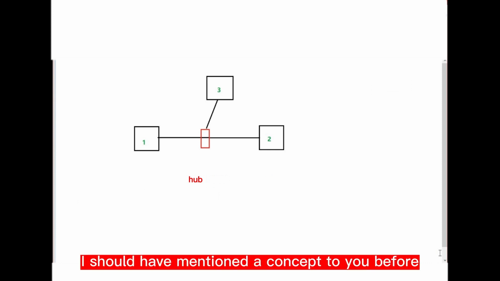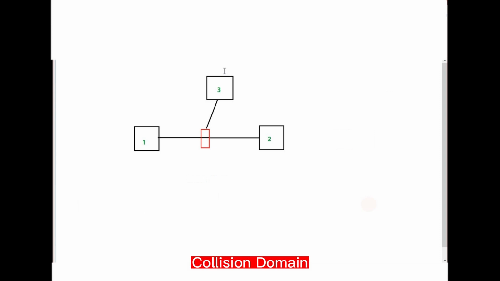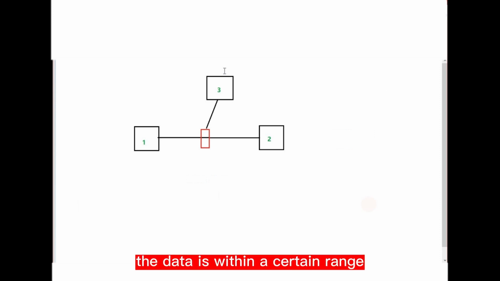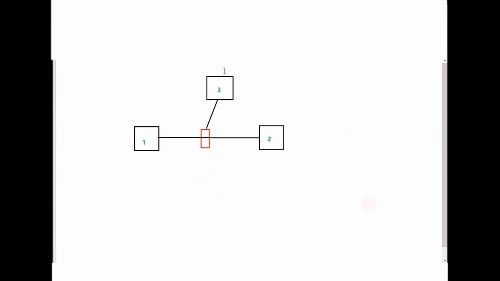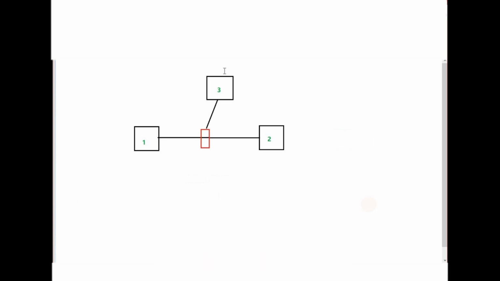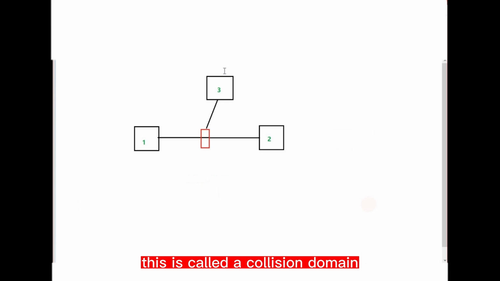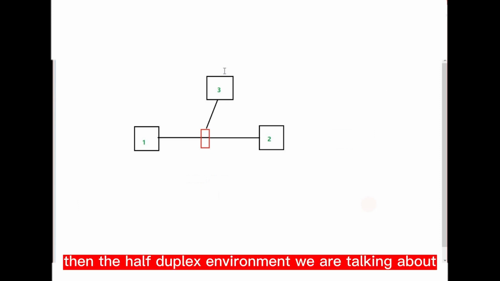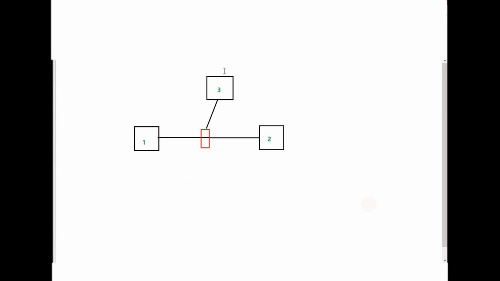I should have mentioned a concept to you before: collision domain. The data is within a certain range. If in the process of sending, data collides, this is called a collision domain. The half-duplex environment we are talking about is a typical collision domain. Now PC1 sends data.